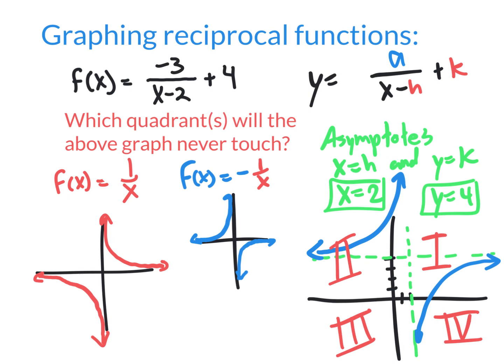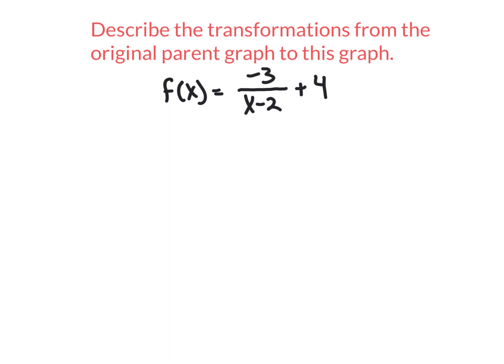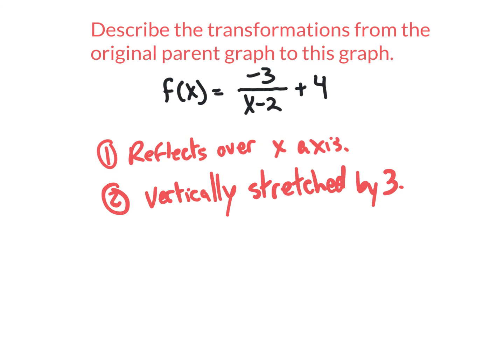Final thing we have is describe the transformations from the original parent graph to this graph, right? Now, this is the one we just graphed, but it's this simple. You always start with your A value. If the A value is negative, you say that it reflects over the x-axis. And also, if your A value is bigger than 1, you say that it gets vertically stretched by 3.